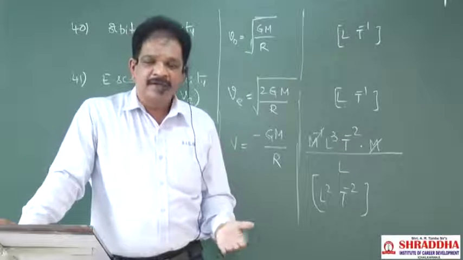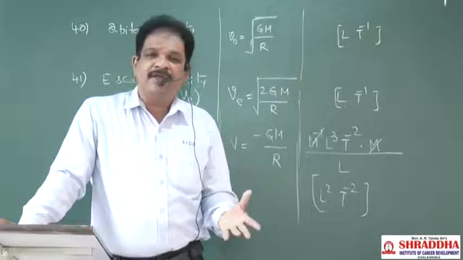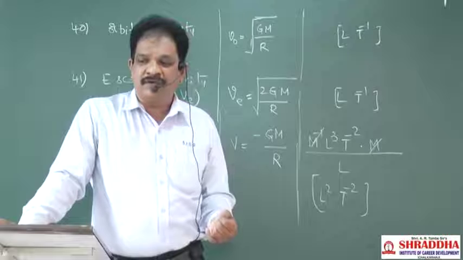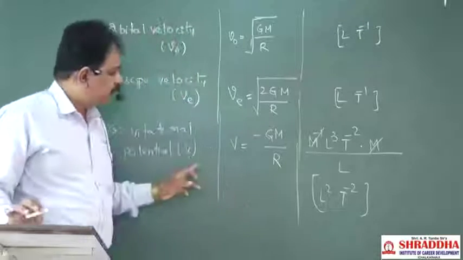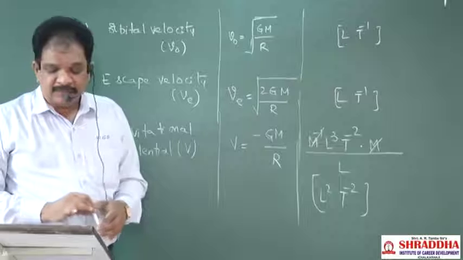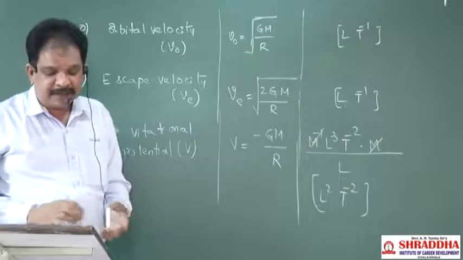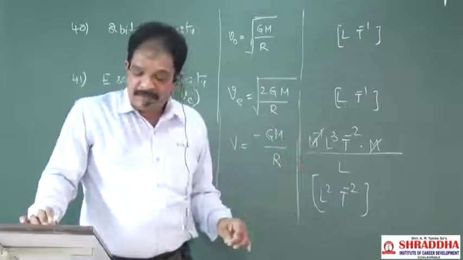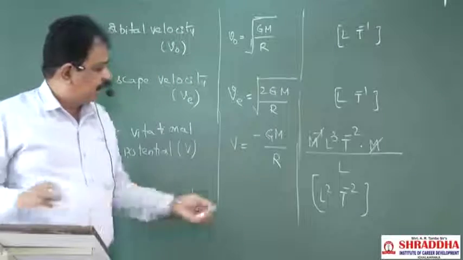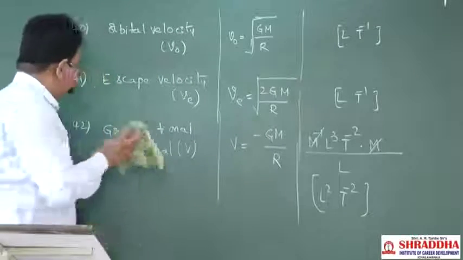Memorize and verify the dimensional formulas. So gravitational potential: the dimensional formula will be L square T power minus 2.